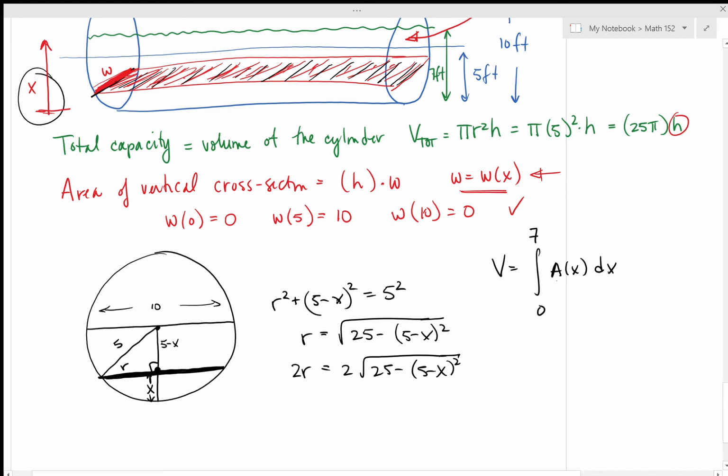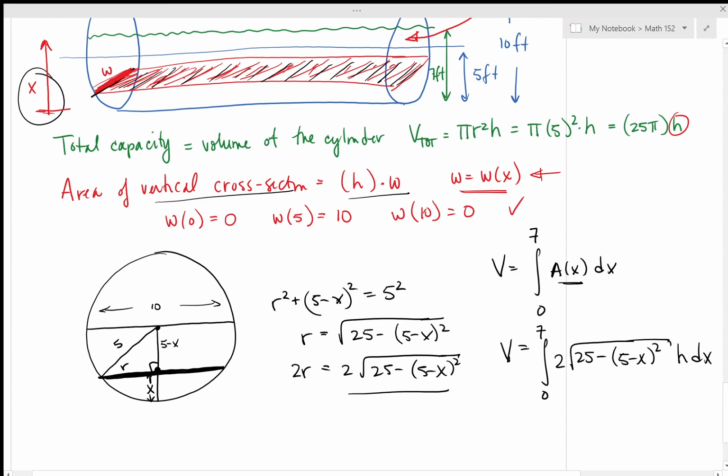So now I have an expression for A of x. That is the area of the vertical cross section, which is h times w. I've now calculated out what w is. It is this right here. Okay, so that volume is going to be the integral from 0 to 7 of that area slice, which is the width times the height, and I'm going to be integrating with respect to x.